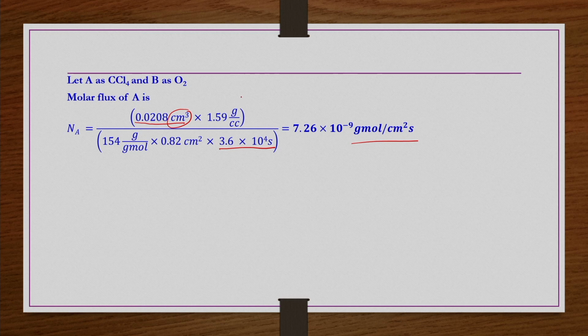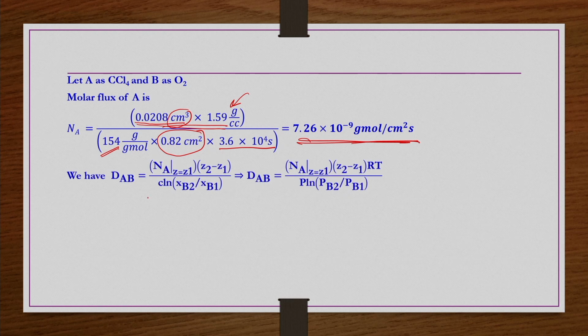We multiply by the density, 1.59 gram per cc for CCl4, which gives the numerator in gram units. We divide by the molecular weight of CCl4, 154, and you get gram mole per second. Then we divide by the area through which diffusion is taking place, which is also given, and you get gram mole per centimeter square second. So we convert it into the required units.